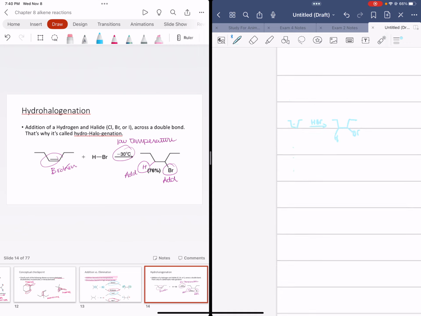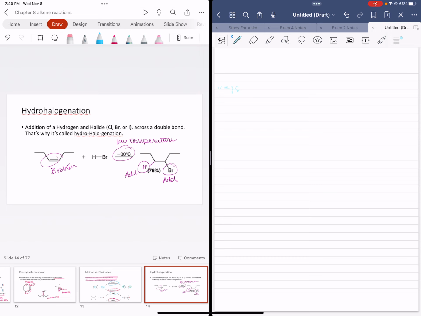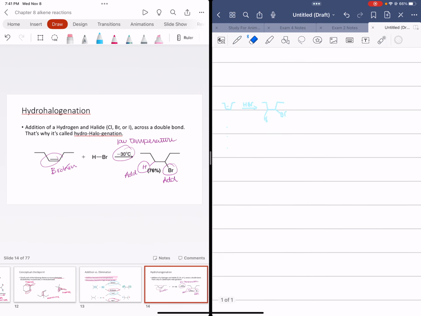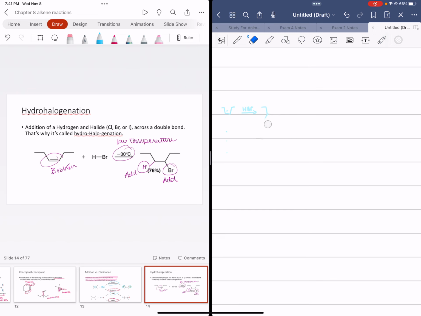Afterwards, on your little piece of paper you're going to have all the reactions that we're going to go over, and you won't have to go back and forth throughout the whole chapter to find the specific reaction you're looking for.